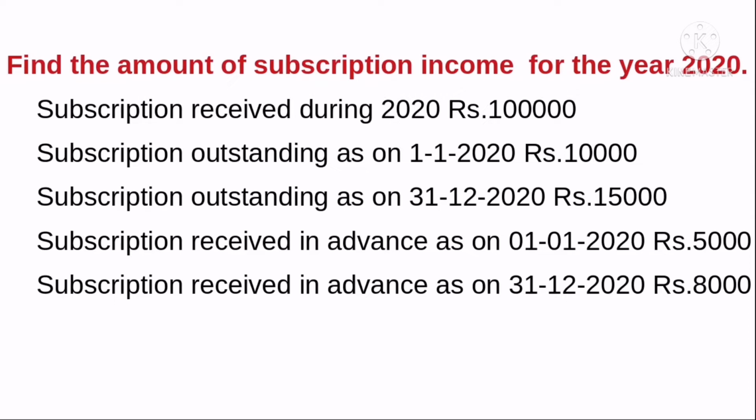Subscription outstanding as on 31st December 2020 rupees 15,000. Subscription received in advance as on 1/1/2020 rupees 5,000. Subscriptions received in advance as on 31st December 2020 8,000. From these details, we have to find out the amount of subscription income for the year 2020.